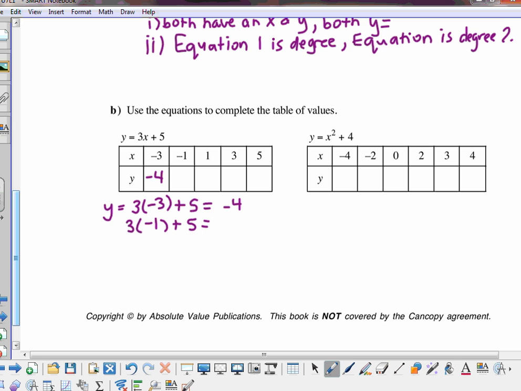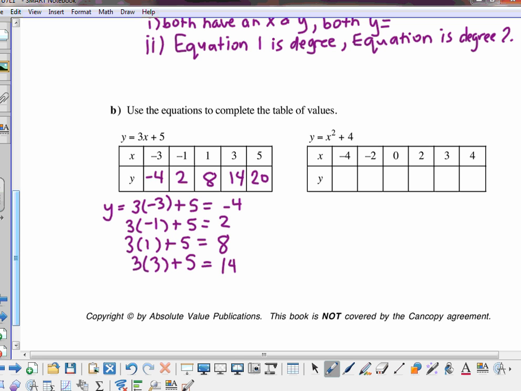Negative 3 plus 5 is positive 2. Okay, 3 times now the new x is 1, is 8. 3 times 3 plus 5. 9 plus 5 is 14. Good job.